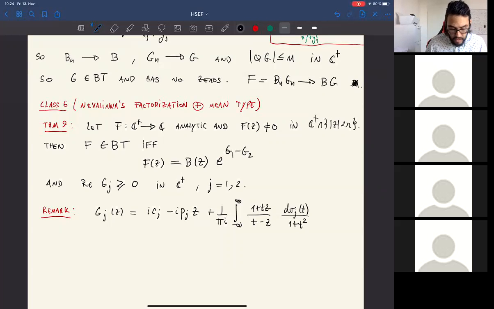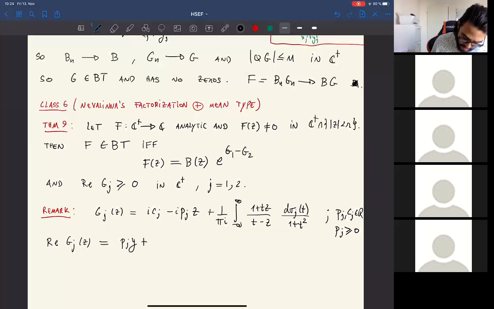So that was Poisson's representation of the function, and we know that these numbers P_j and C_j are real, and P_j is non-negative. In particular, if you just take the real part, which is usually what we do, you have just P_j y, and then the convolution with the Poisson kernel.